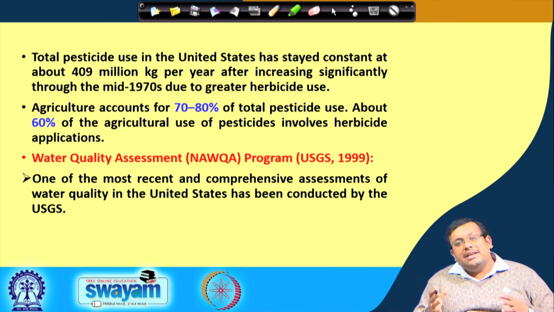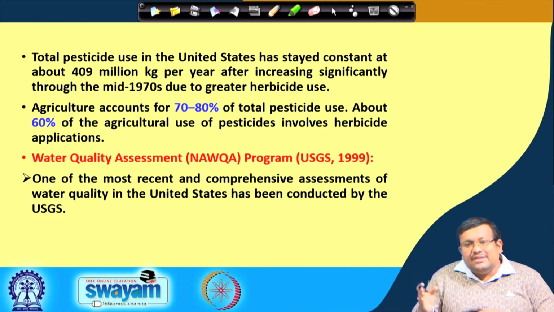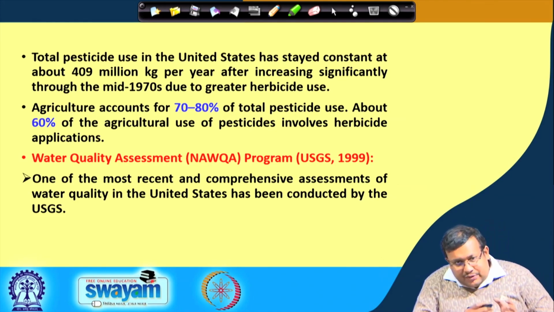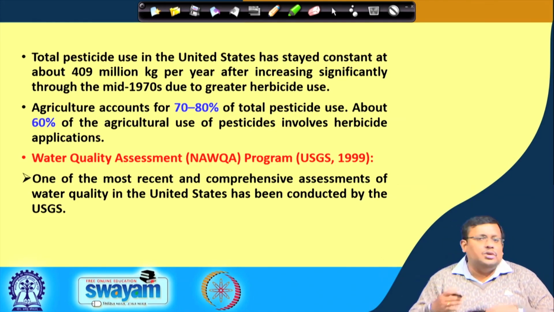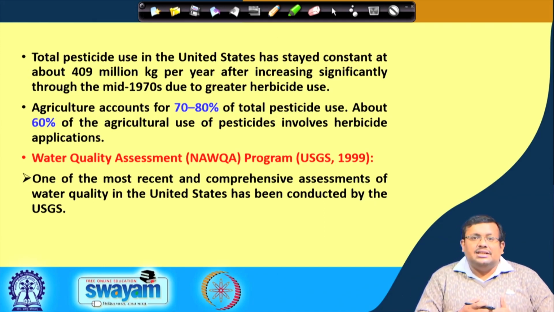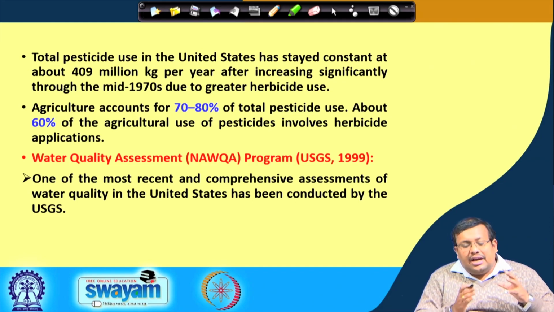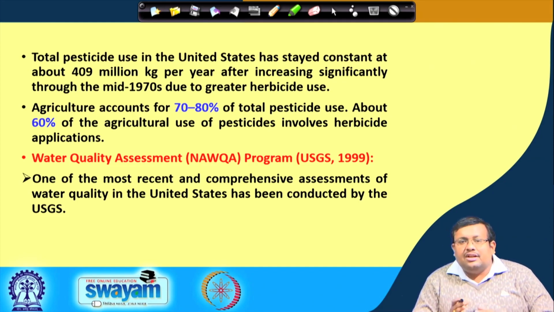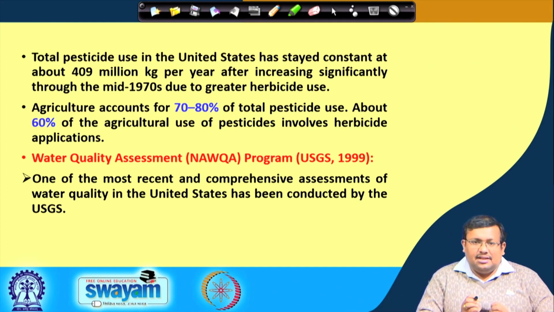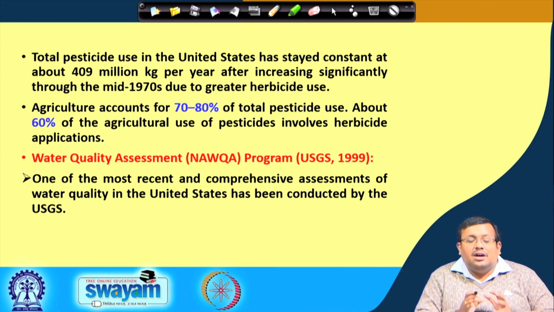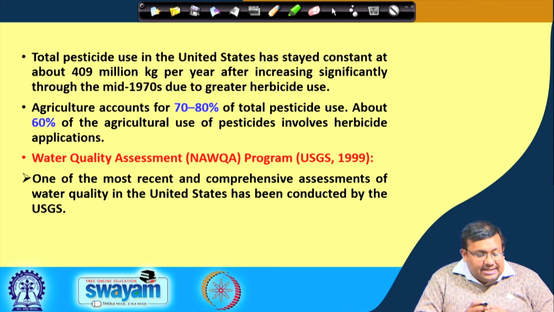Initially, there were mainly insecticides. However, from 1970s there has been a continuous increase in herbicide application both in US and other countries as well as in India, which we will see later. And as a result, the application of insecticides has stayed constant in United States.